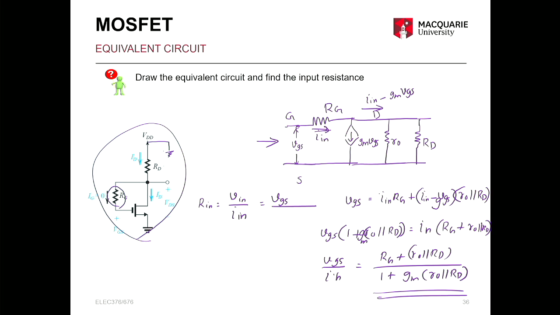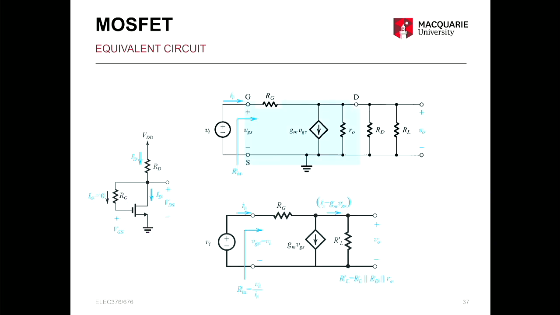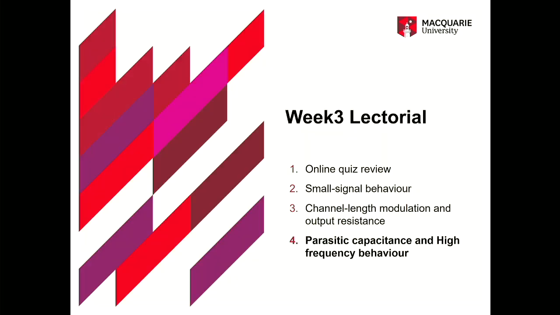First you need to draw the equivalent circuit. Then you need to find V in divided by I in, put the values in, and then find the input resistance for the exam. Okay? Any questions on that?